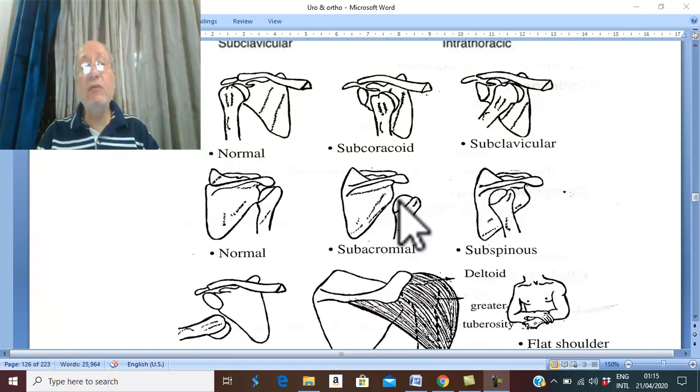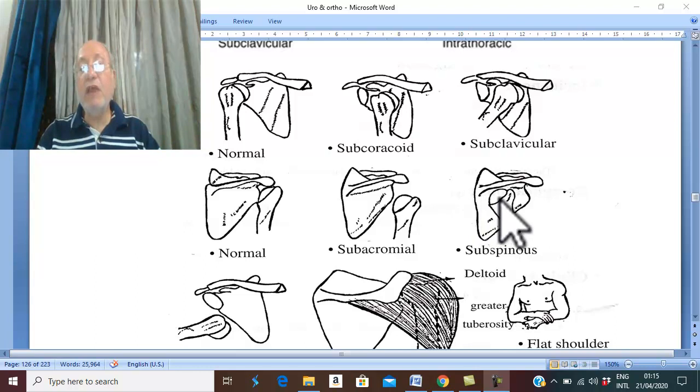In posterior dislocation, the head of the humerus becomes below this bone. This bone is called the acromion process. If the head of the humerus is below the acromion process, this is called subacromial dislocation, and it is the commonest posterior dislocation.